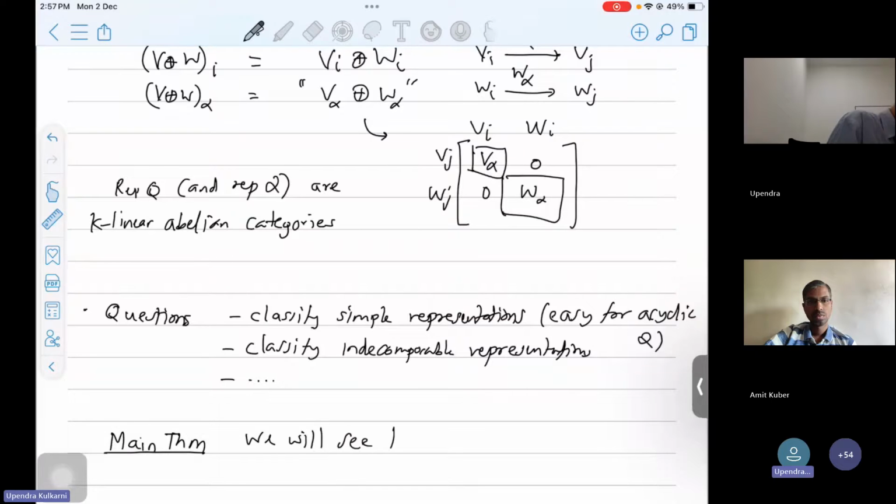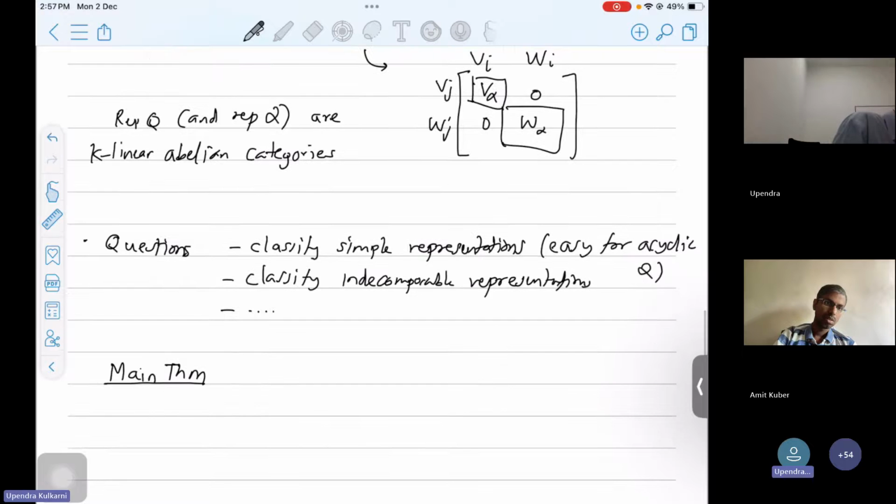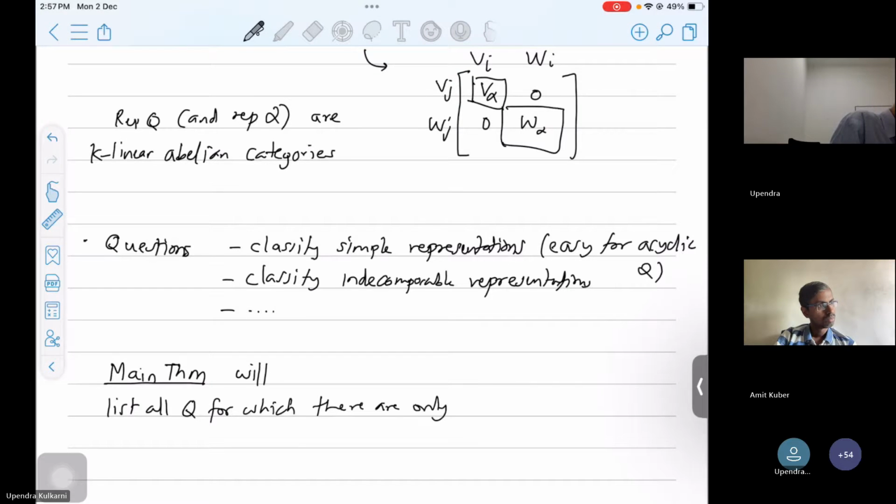We will see that. The main theorem will list all Q for which there are only finitely many indecomposable representations.